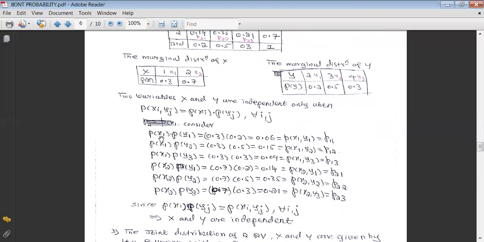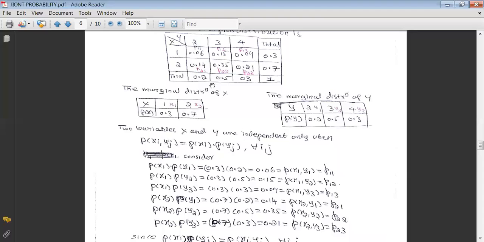Now let us consider p of x1 into p of y1. P of x1 is here, and let us label this as x1, x2, and this as y1, y2, y3. P of x1 is 0.3, p of y1 is 0.2. That is 0.3 into 0.2, which is 0.06. That is nothing but p11, where x takes the value x1 and y takes the value y1. Now consider p of x1 into p of y2.